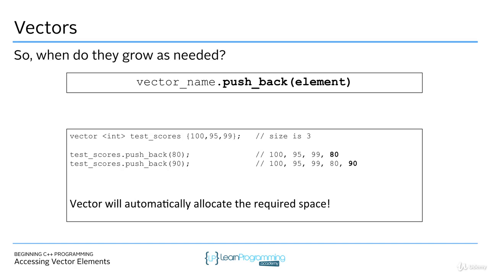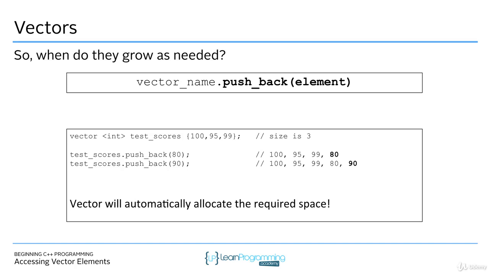If this were an array and we wanted to add another test score, we'd be stuck since arrays are fixed in size. However, with vectors, we can use the push_back method and provide the integer you want to add within the parentheses. You can see that I'm asking the test_scores vector to push back 80 and then 90. This will add 80 and then 90 to the end of the vector. Now the vector will contain 5 elements, 100, 95, 99, 80, and 90.